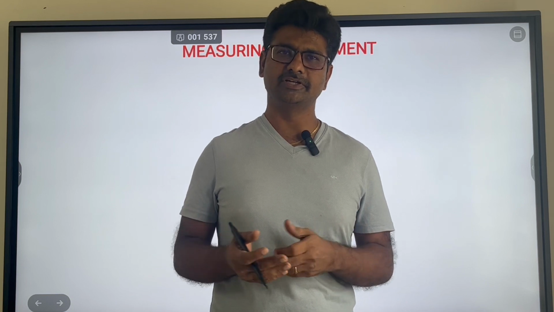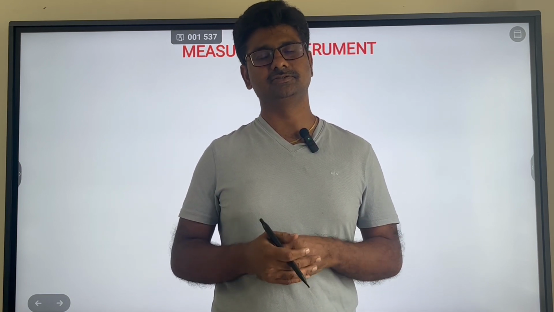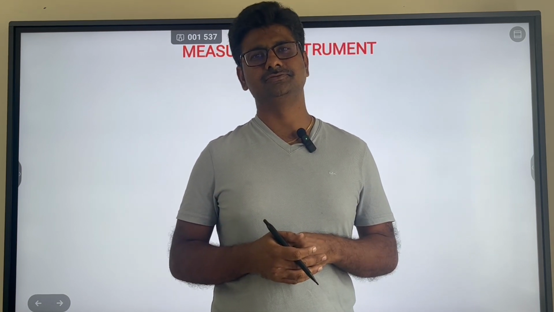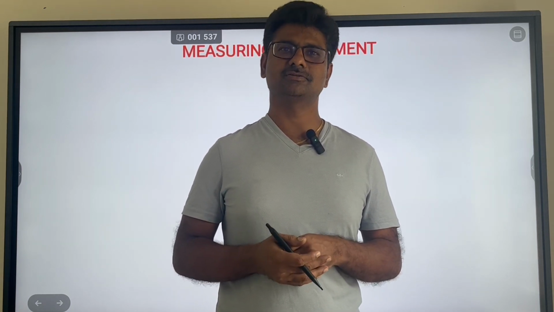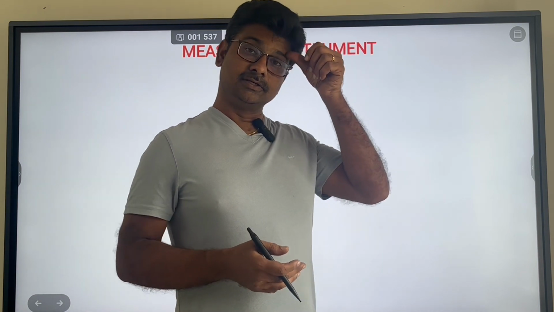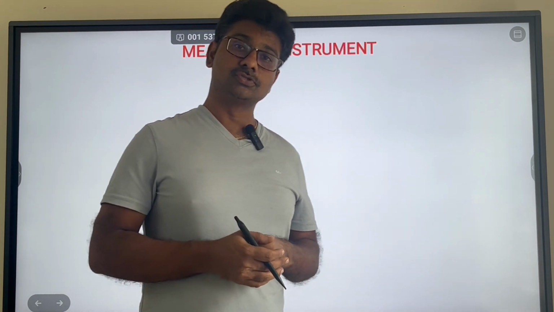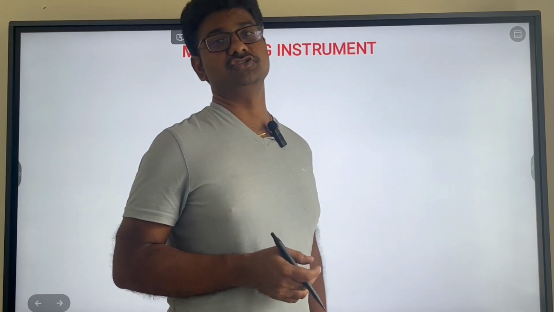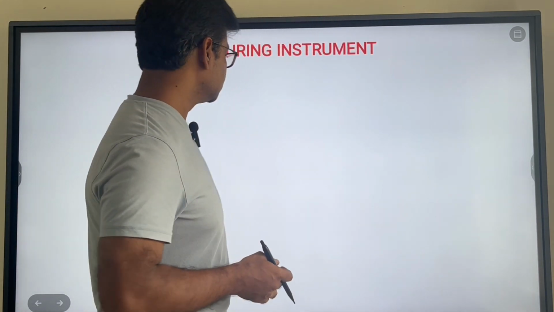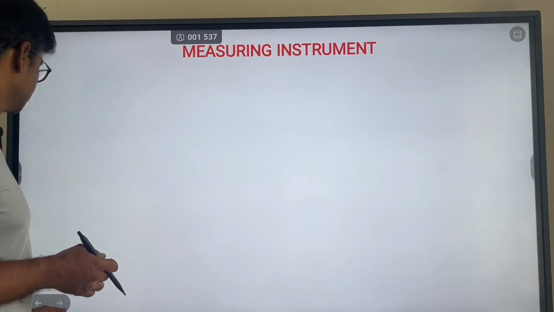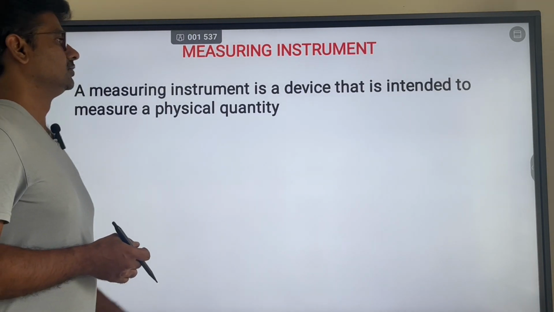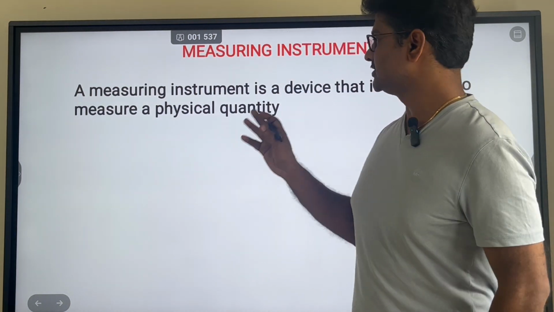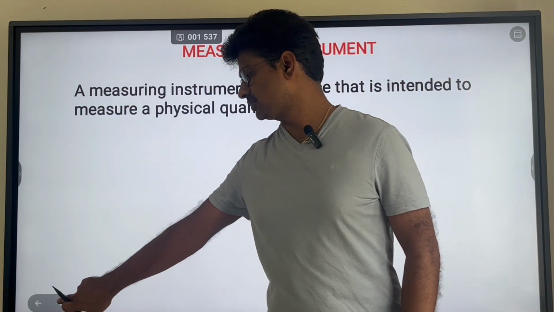The physical quantity may be length, or width, or pressure, force, temperature, anything. The device that you use to measure this physical quantity is a measuring instrument. So any measuring instrument is a device intended to find the physical quantity.